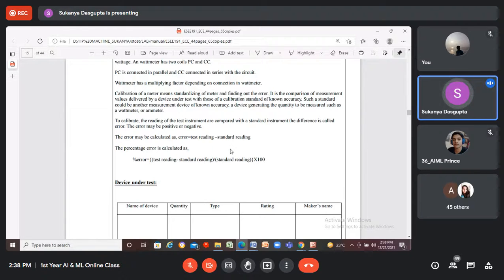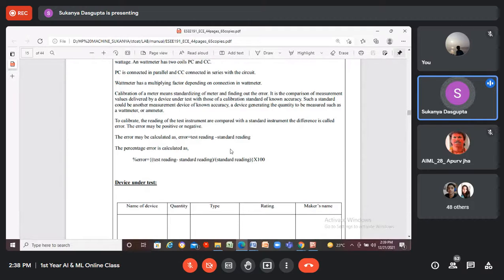Right, you have got these data with the standard or set voltage at 100 volt. That means all the readings that you have got from the experimental results are close to the set value.